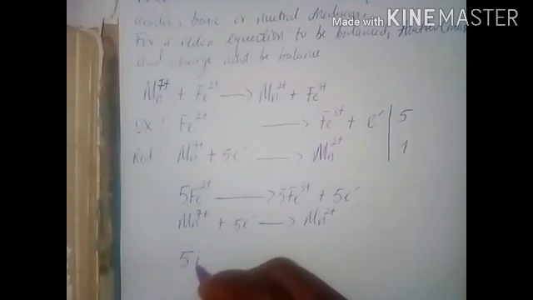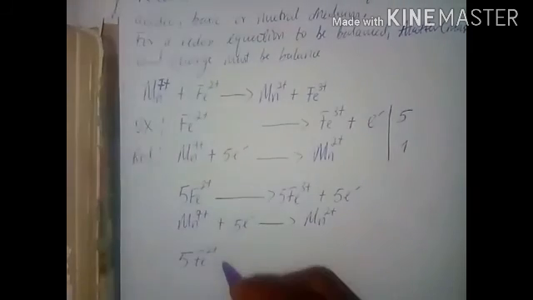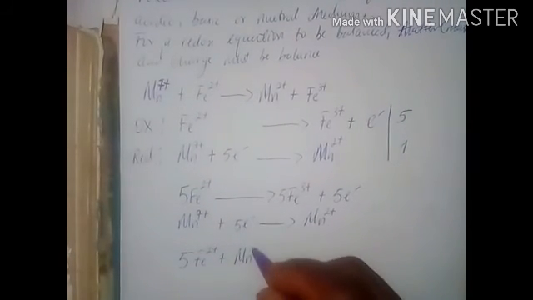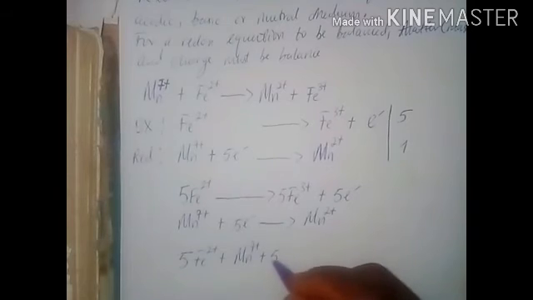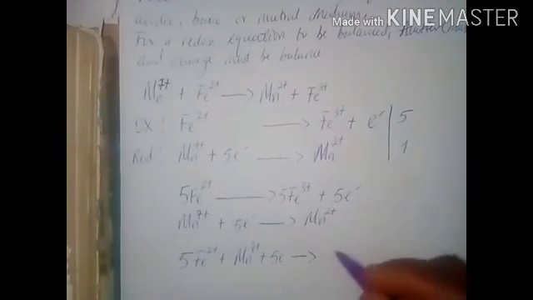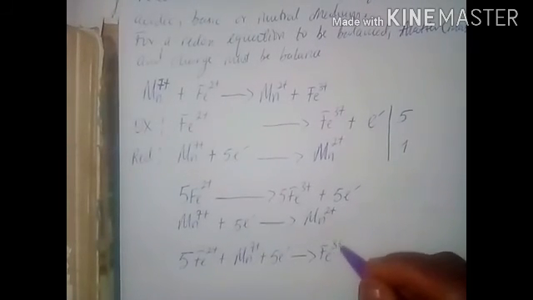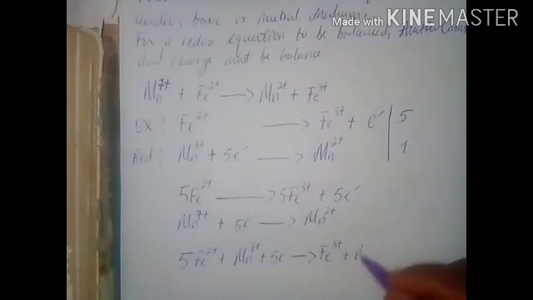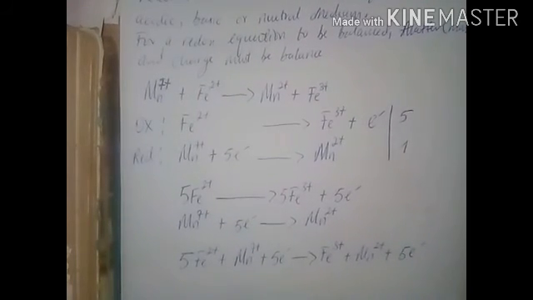We have 5 Fe2+ plus Mn7+ plus 5 electrons to give 5 Fe3+ plus Mn2+ plus 5 electrons.